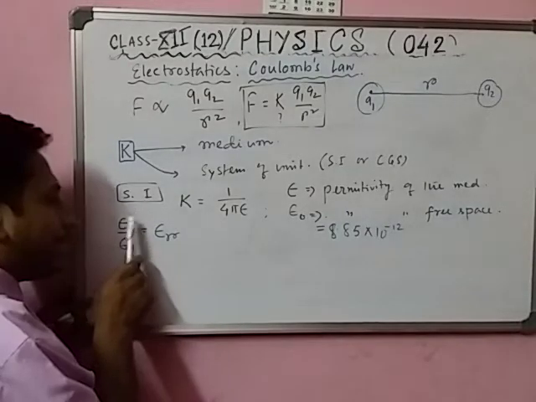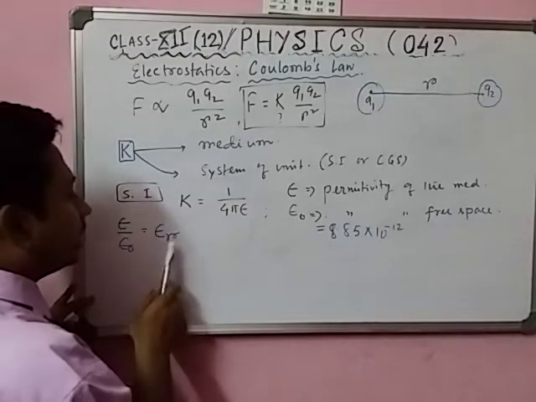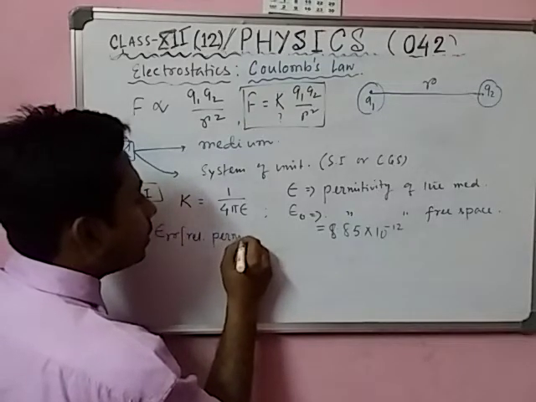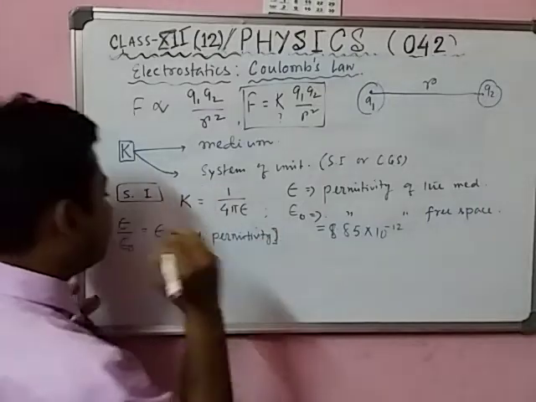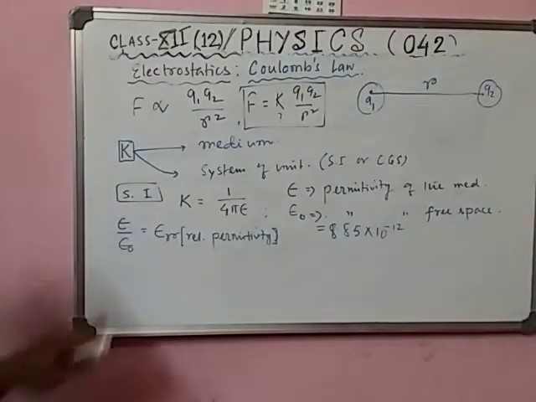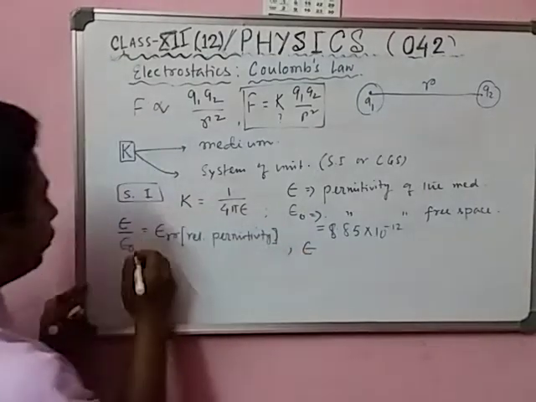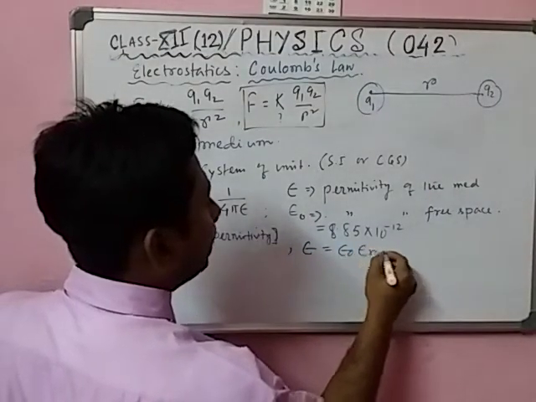So the ratio epsilon by epsilon naught is called relative permittivity. So in place of epsilon, you can write epsilon naught into epsilon r.